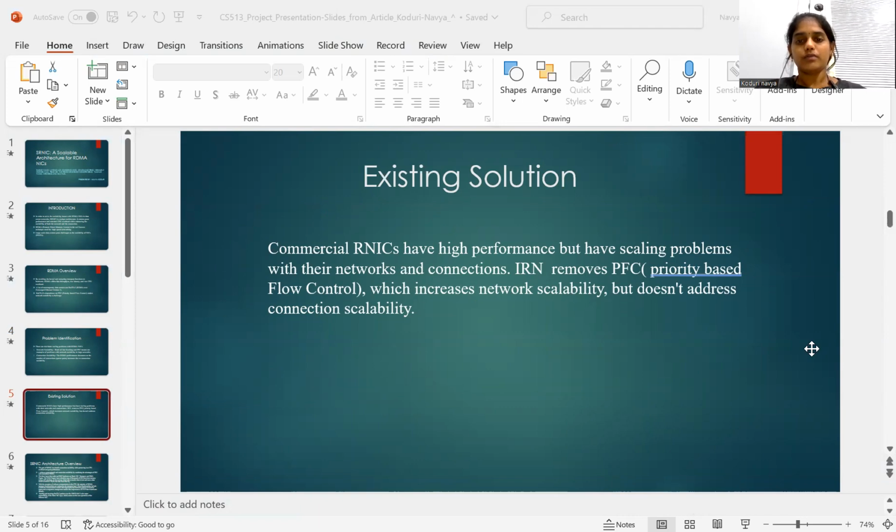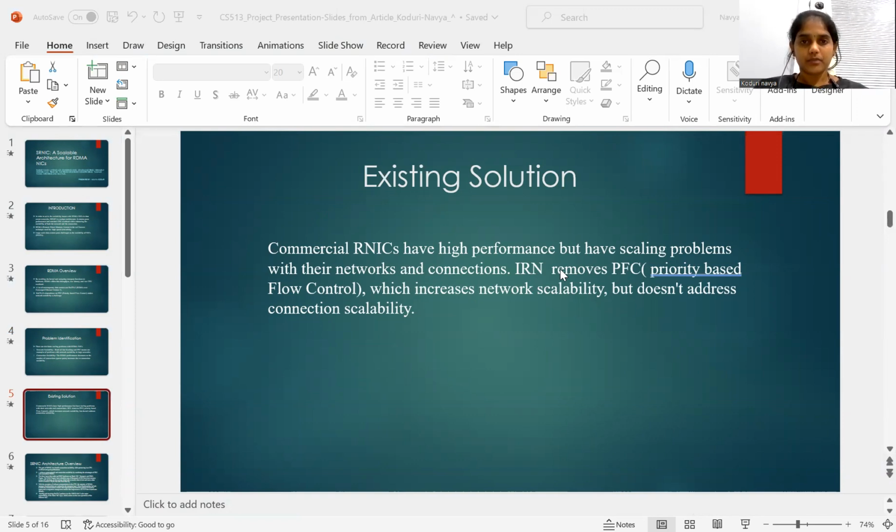Most of the previous solutions focused on network scalability. This is the existing solution as of now.